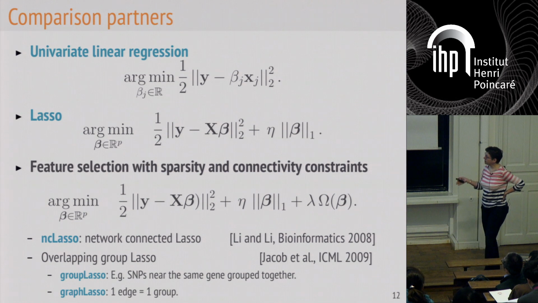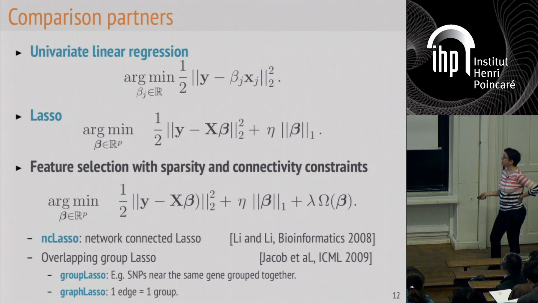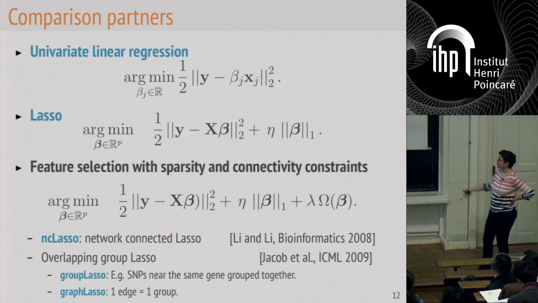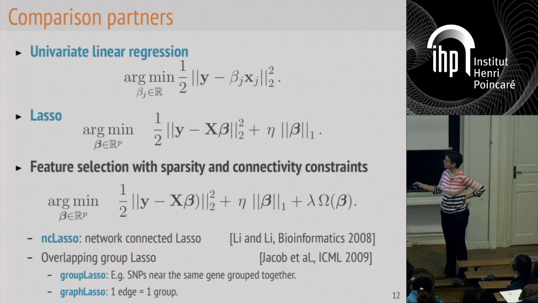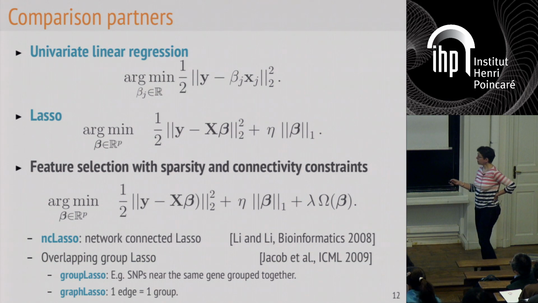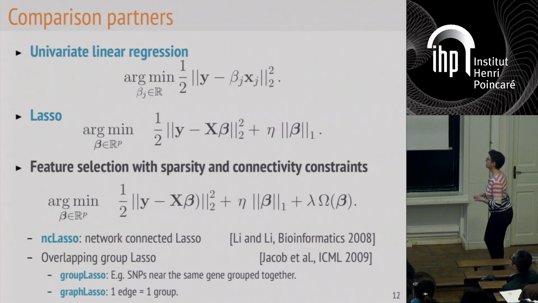We compared this to what you would expect: the network constraint lassos that I presented before; univariate tests where you test the variables one by one, mimicking what people typically do in this context; and lasso without the network constraint. And there's a variant of the network constraint lasso, the overlapping group lasso, where we found two ways to build groups from our network.